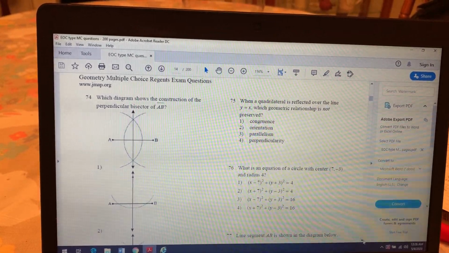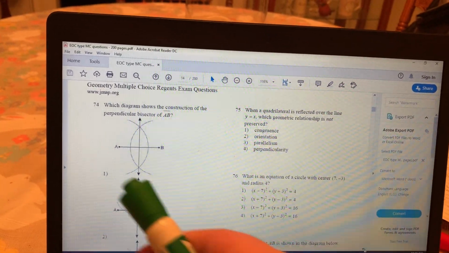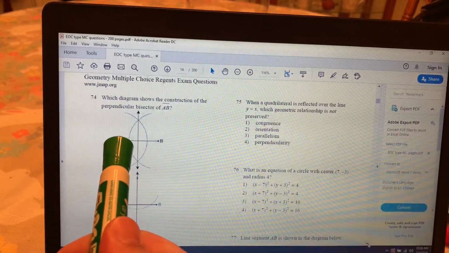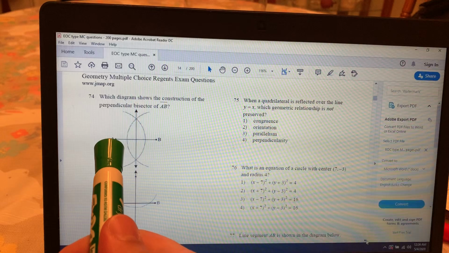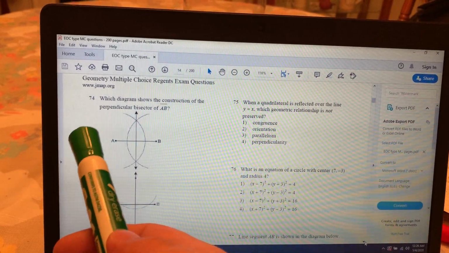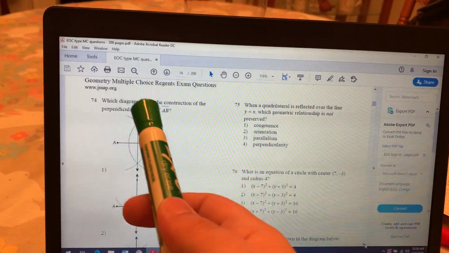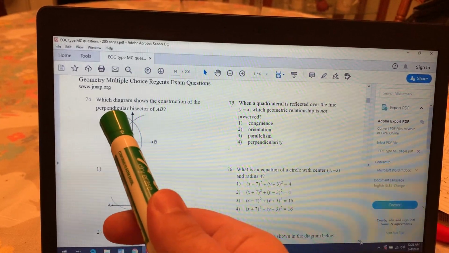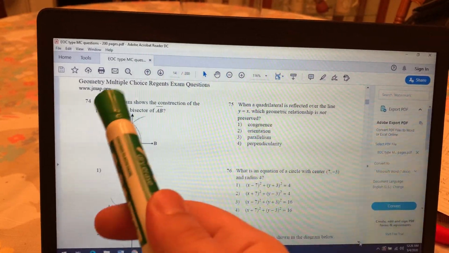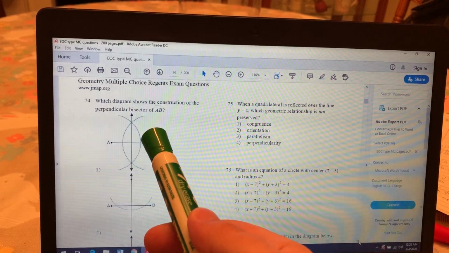What you would actually do is take the compass at point A and draw a circle with a certain radius, but the only part that matters is kind of this arc that's drawn.